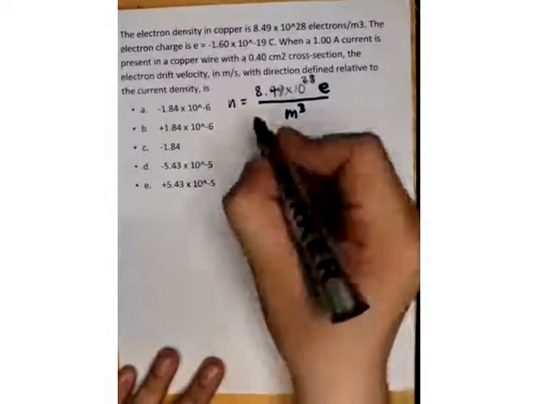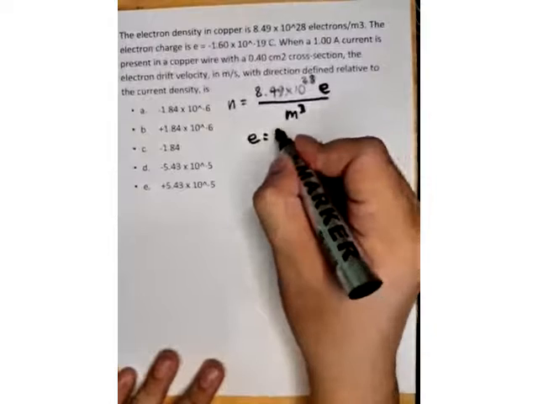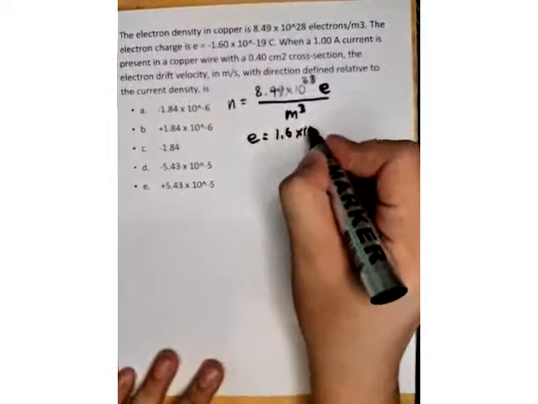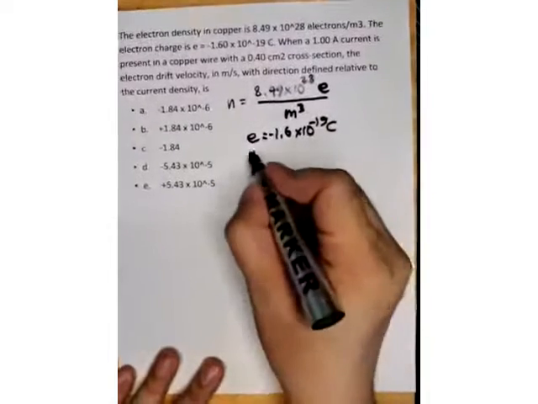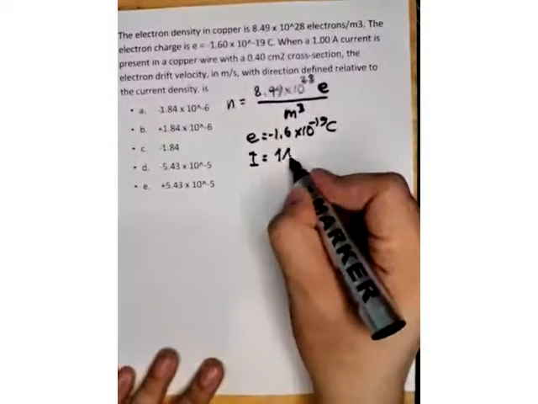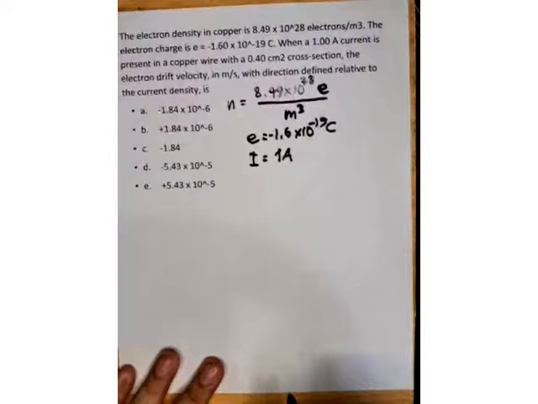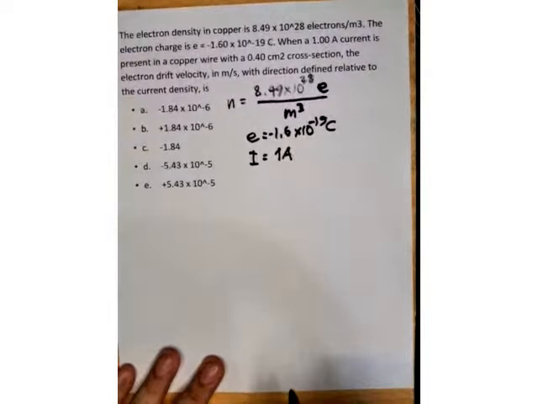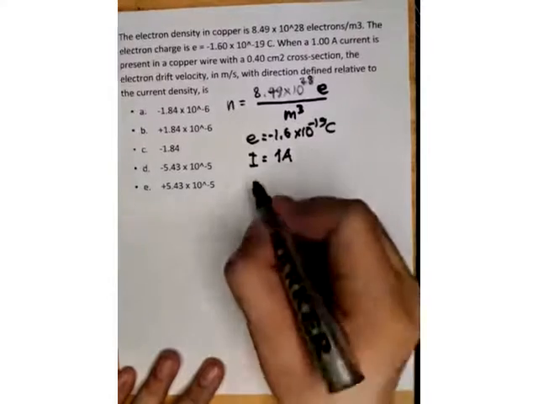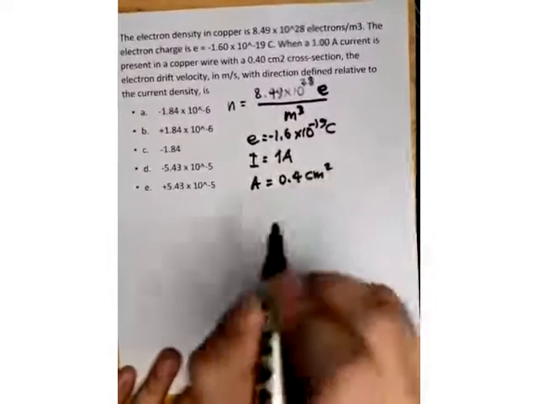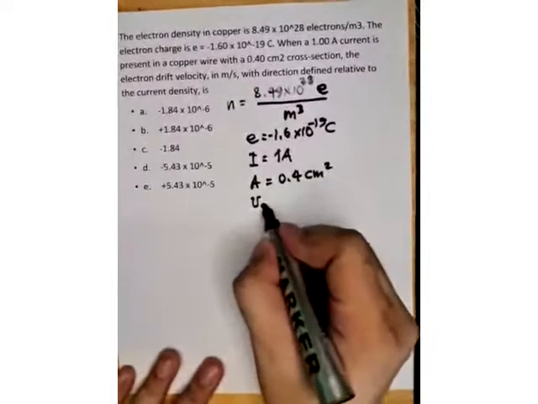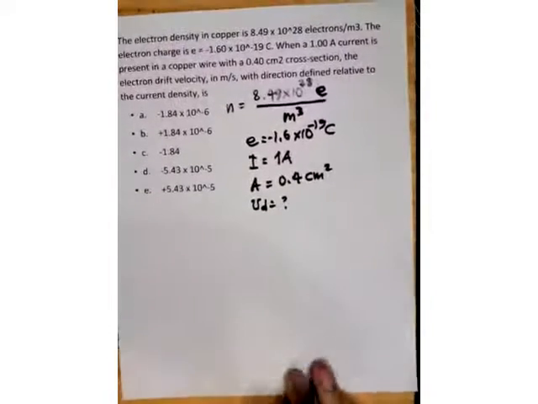Okay, the electron charge, yung charge natin ay equal siya sa 1.6 times 10 raised to negative 19 coulomb. And the current is given as 1 ampere. And the cross-sectional area is 0.4 cm squared. So we are to find the drift speed.